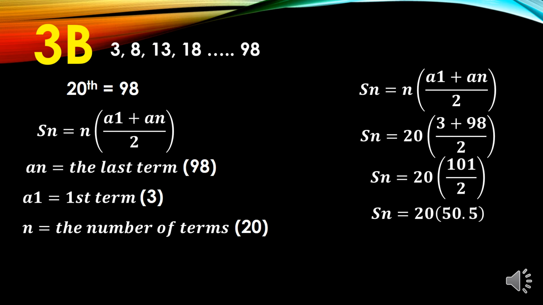Times 20, and S sub n is 1010. So that is the sum of all the numbers from 3 to 98, 1010. Okay, now let's proceed.